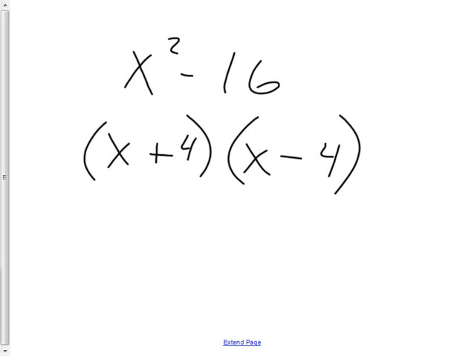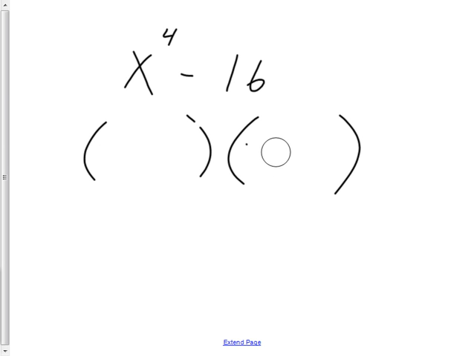Okay, so then let's try the little bit harder variety. Let's say it was x to the 4th minus 16. Is that still the difference of squares? Yes. What would the x to the 4th break into here? x squared, and then this would turn into minus and plus what? 4 and 4.